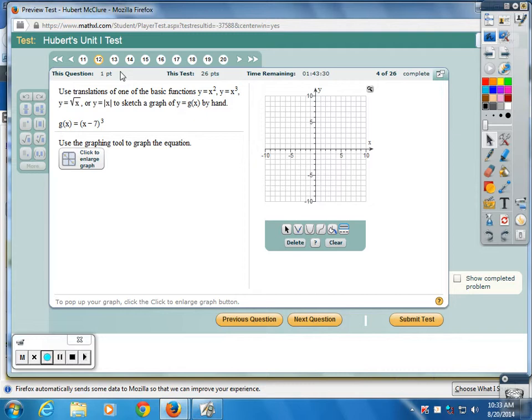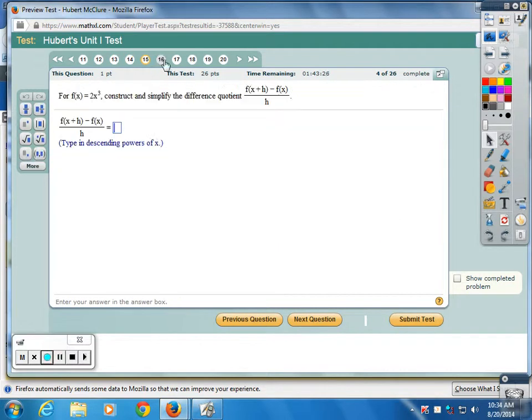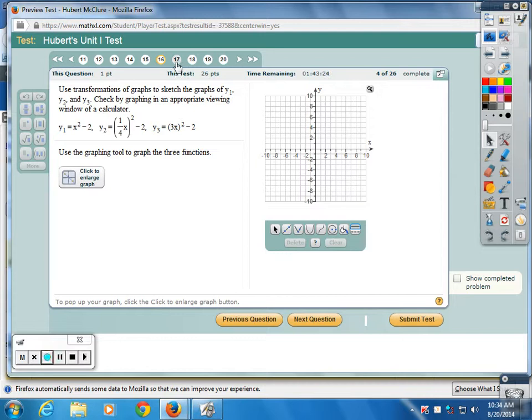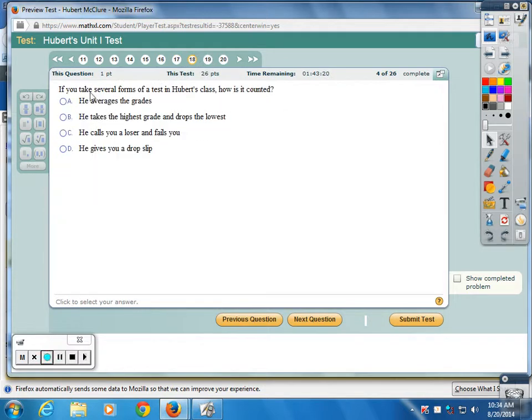So, test question, test question, test question. If you take several forms of a test in Hubert's class, how is it counted? He averages a grade, he takes the highest, he calls you a loser and fails you, he gives you a drop slip. Yeah.